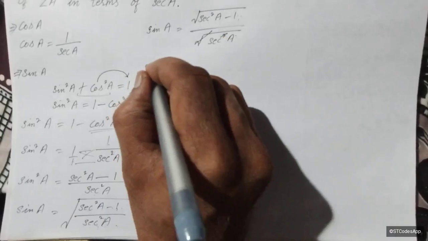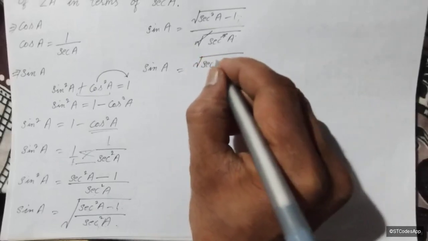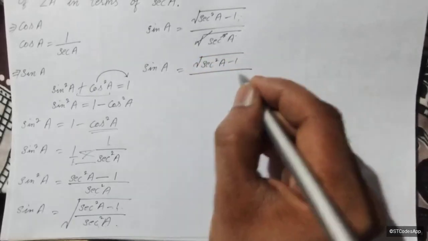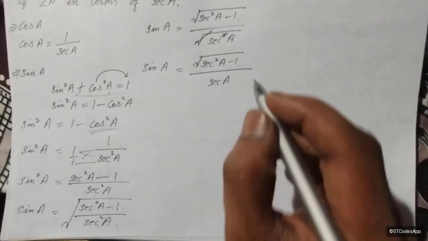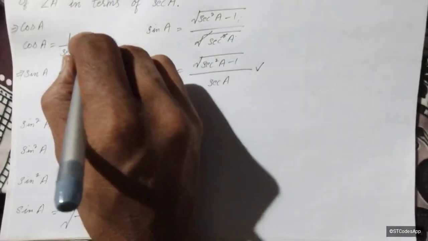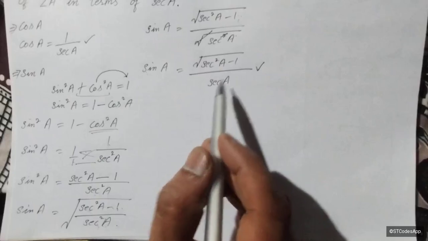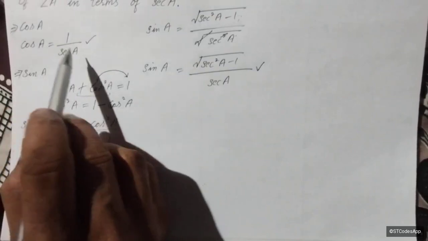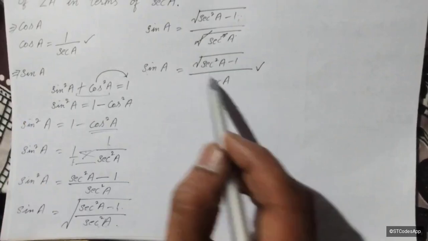So sine A will be equal to under root of sec square A minus 1, divided by sec A only. Now we cannot solve it further, so this is the answer. We have expressed sine A in the form of sec A, and cos A also we changed in the term of sec A. This is the final answer.